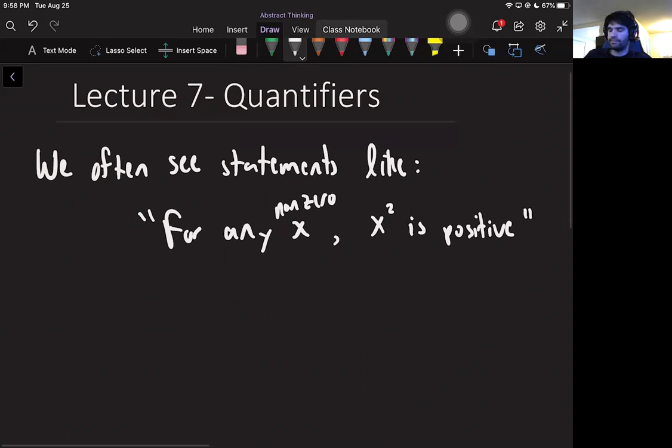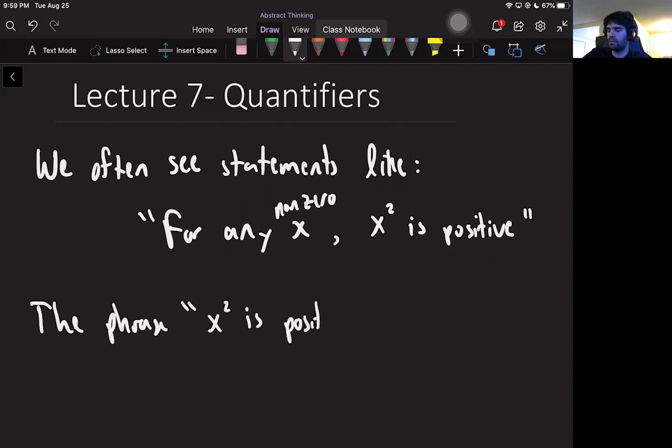Okay, so the phrase x squared is positive, that, remember, is not a statement on its own, because whether it's true or false depends on what x is.